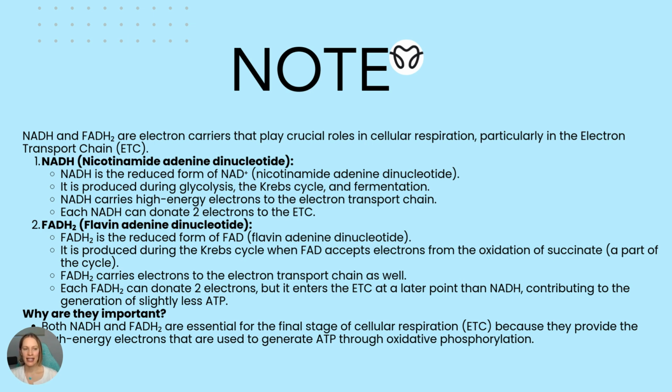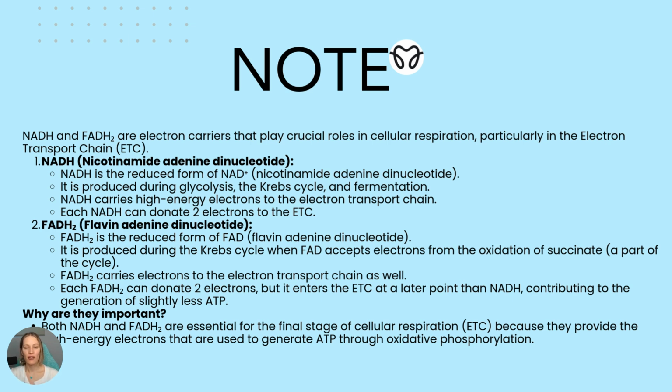So the NADH, the FADH2, just think high energy electrons. And the FADH2 carries these electrons to the electron transport chain. It donates electrons because you're going to need that for the ATP. So, what's the point of all of this? Both NADH and FADH2 are essential.